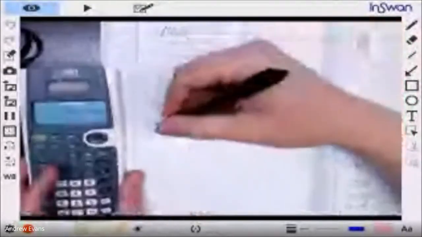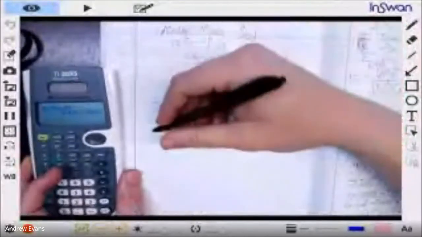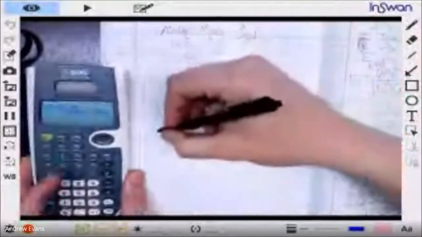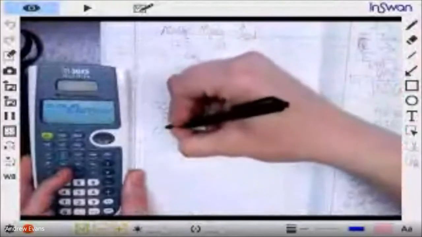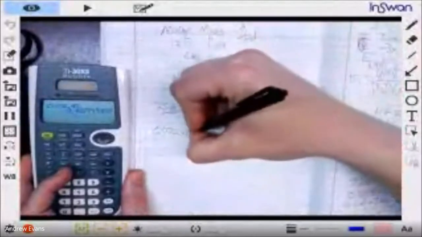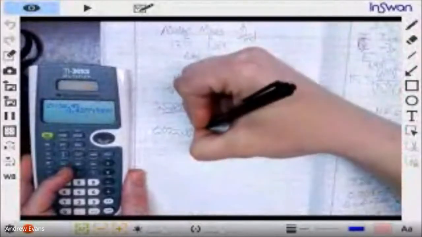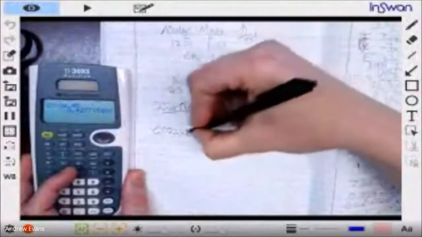Now, the other thing we learned about, which will not come up nearly as much, was Avogadro's number. Avogadro's number was 6.022 times 10 to the 23rd, and that was atoms or molecules per 1 mole. And we use that to figure out how many atoms of this we might have had.